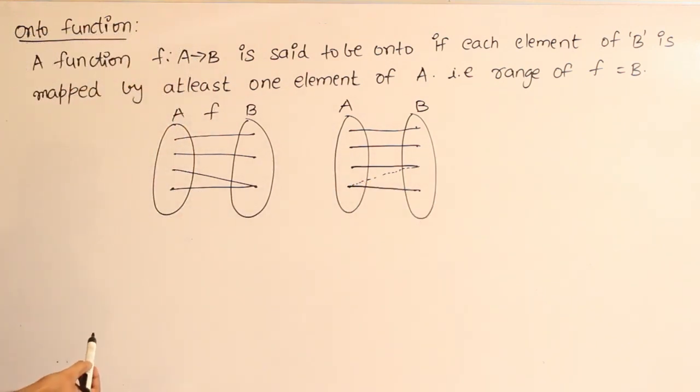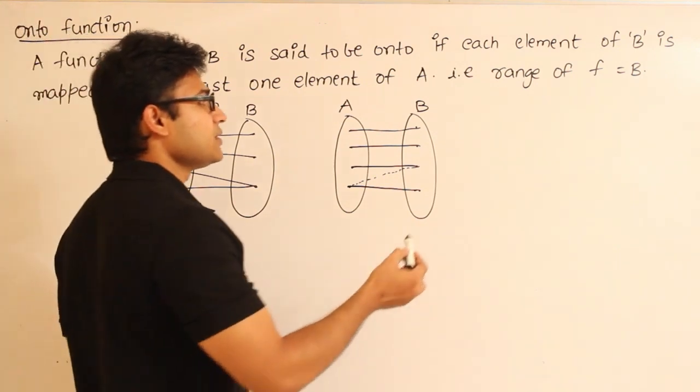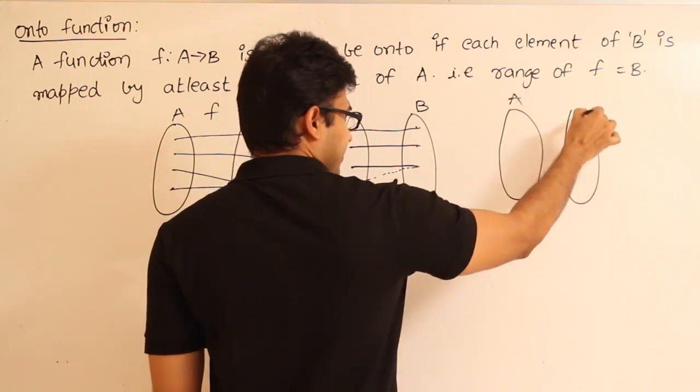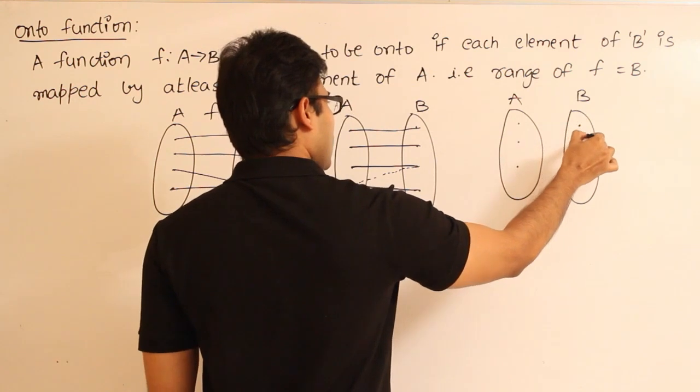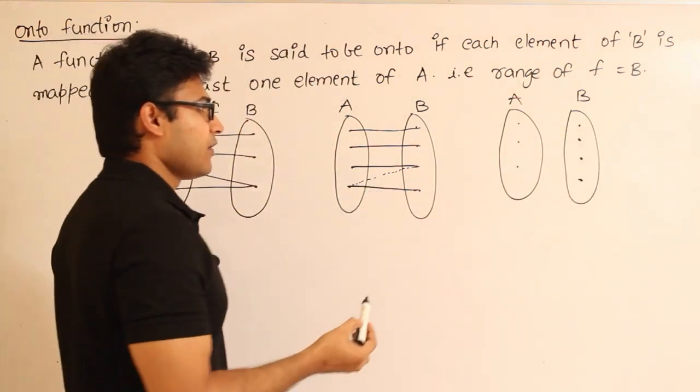Now what should be the condition for a function to be onto? Can you just imagine this? Let us say A is having 3 elements and B is having 1 2 3 4 elements. Just see what happens now.